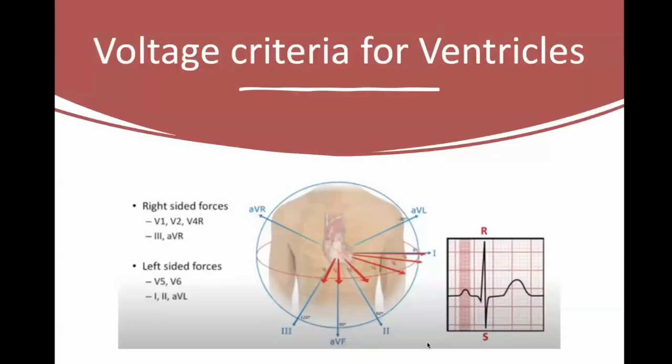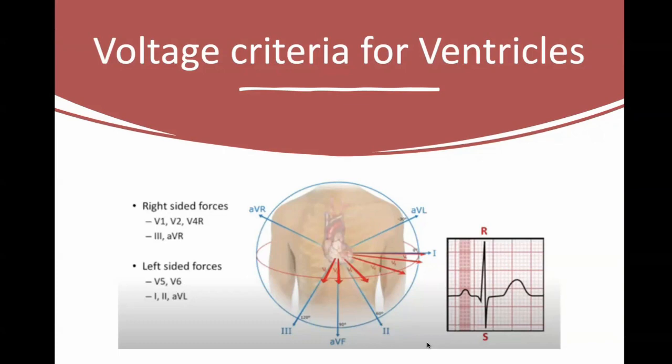Let's now move on to the criteria used to diagnose ventricular hypertrophy on the pediatric ECG. When we think of a hypertrophied ventricle, we should imagine a ventricle that is larger and/or thicker than the normal ventricle, which in turn causes the forces within that ventricle to be amplified.